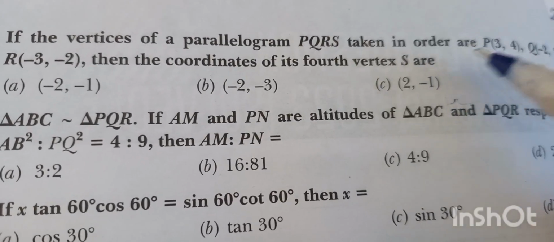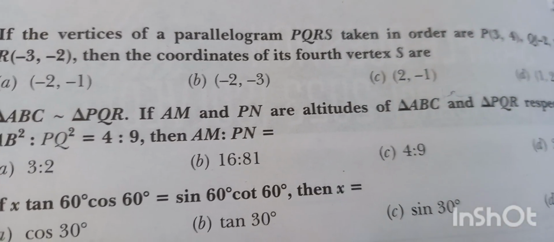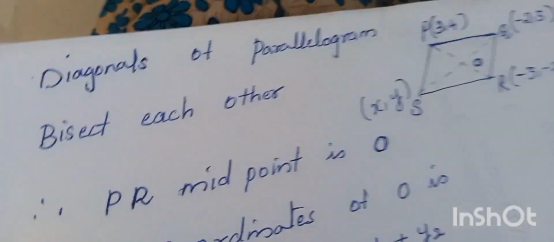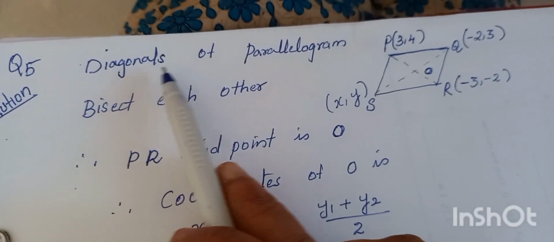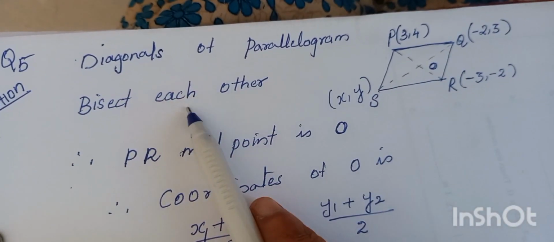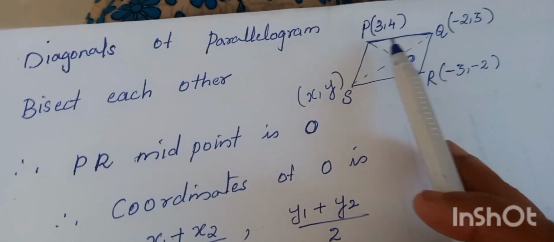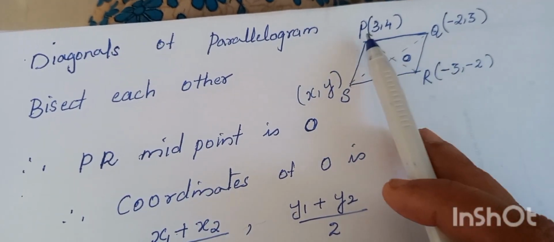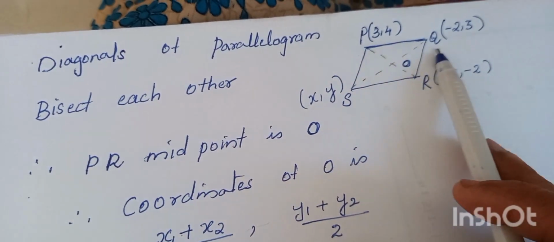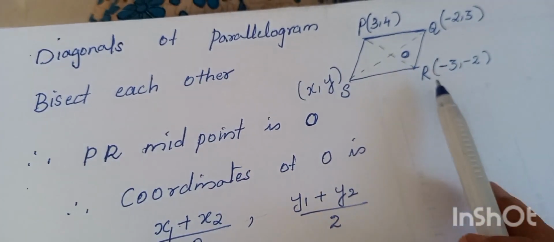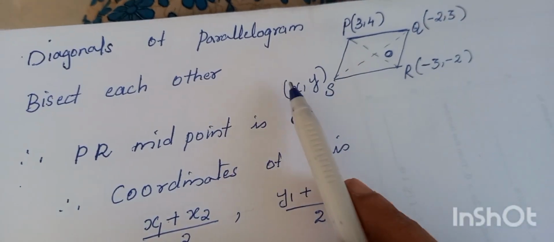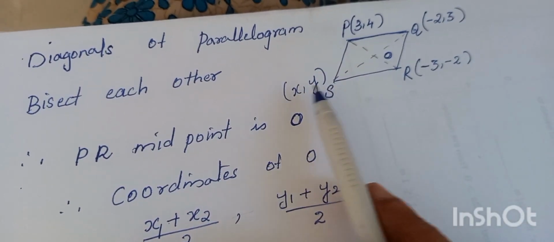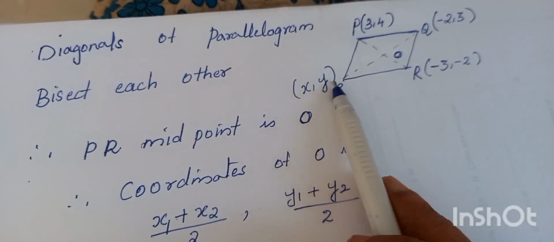Okay, let's do. We already know that the diagonals of a parallelogram bisect each other. So let's write the coordinates. P (3, 4), Q (minus 2, 3), R (minus 3, minus 2), and S coordinates is represented by (x, y).